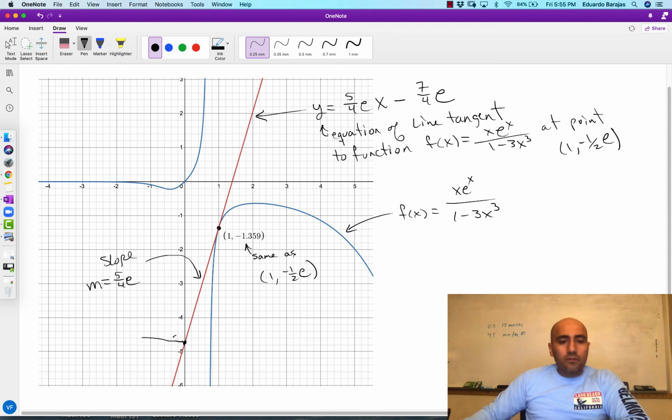So that is the y-intercept, which is the ordered pair 0 comma negative 7/4 e. Okay, I think that's all and everything we can identify that's relevant and important.